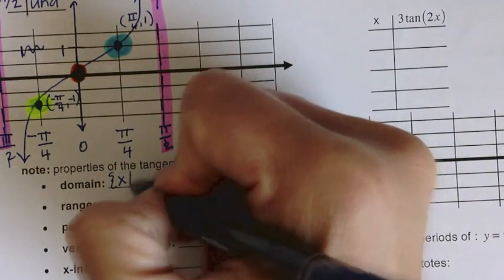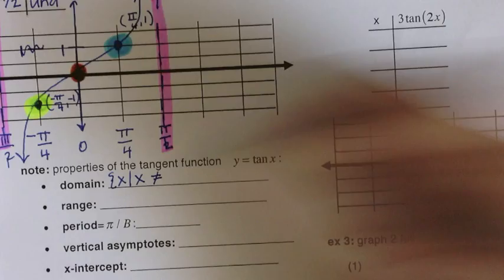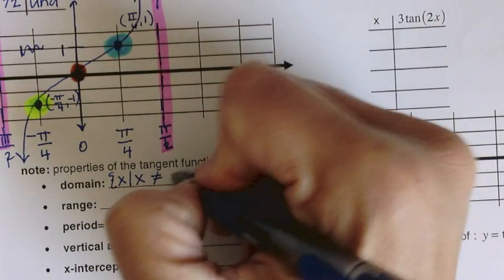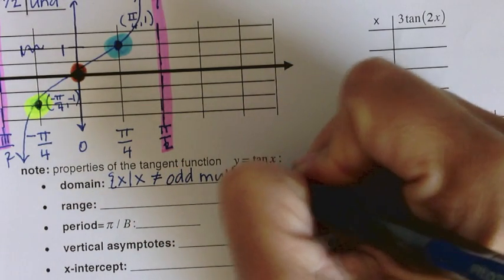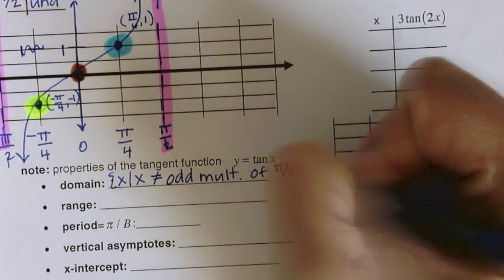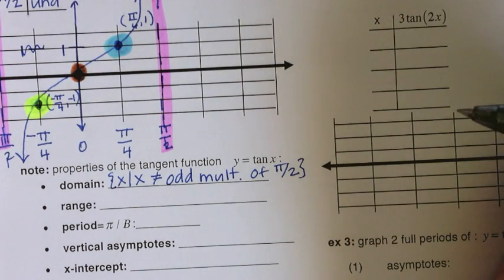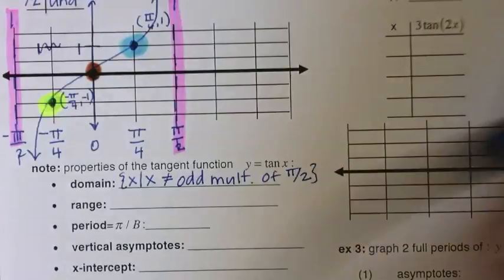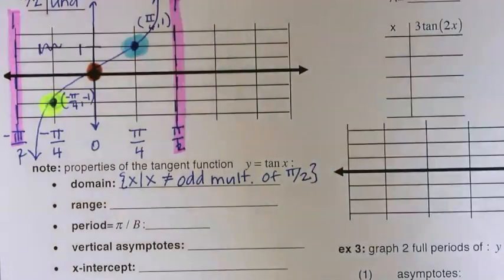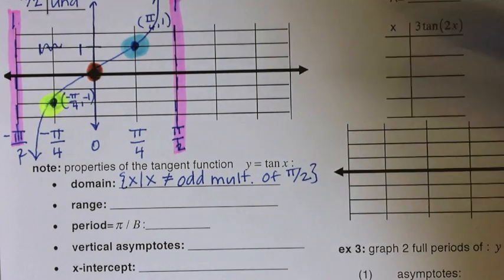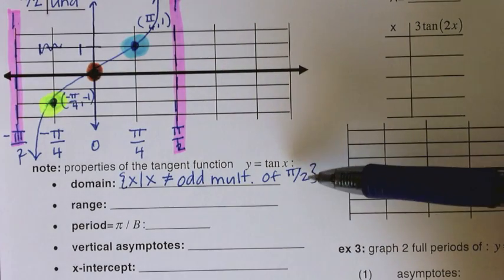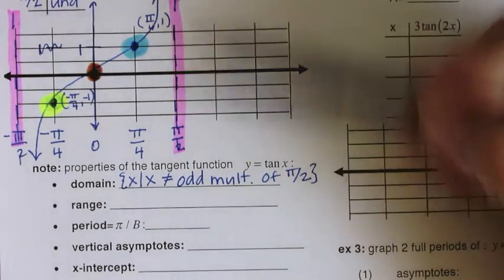So we say x such that x cannot equal the odd multiples of pi over 2. There's not really a way to write this in interval notation because you have so many different asymptotes, because the graph goes on forever, except for certain excluded members of the domain, which are these asymptotes.